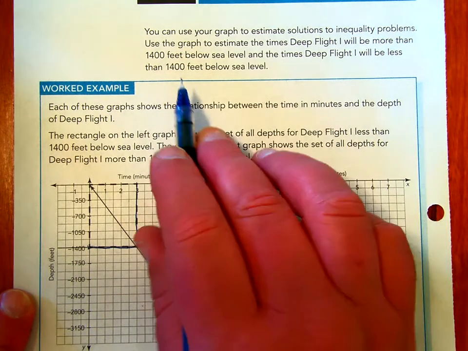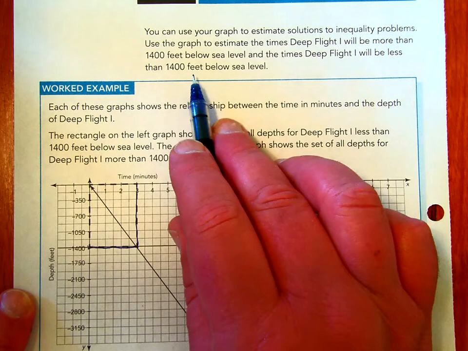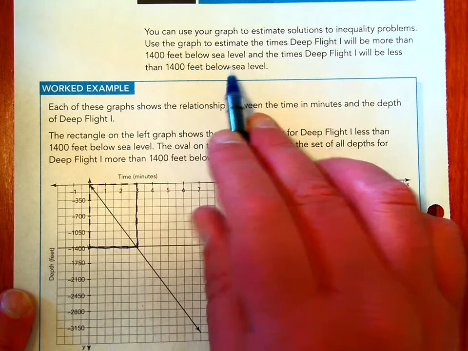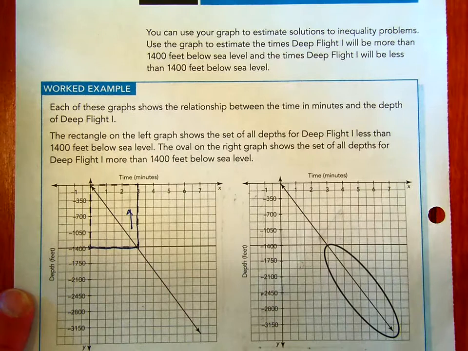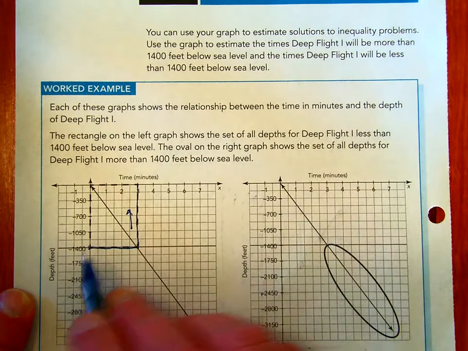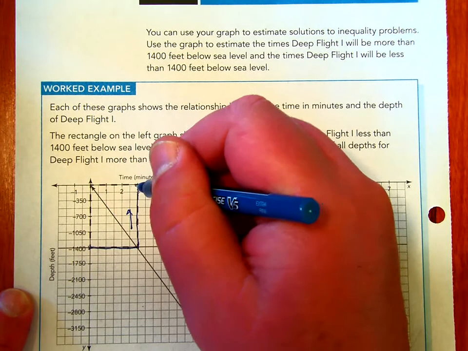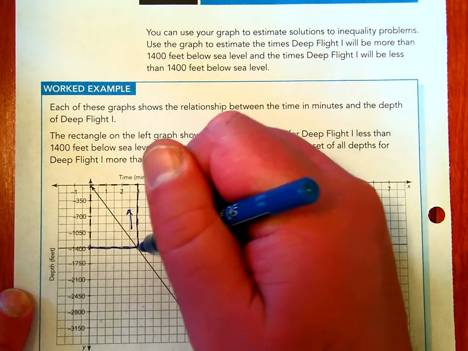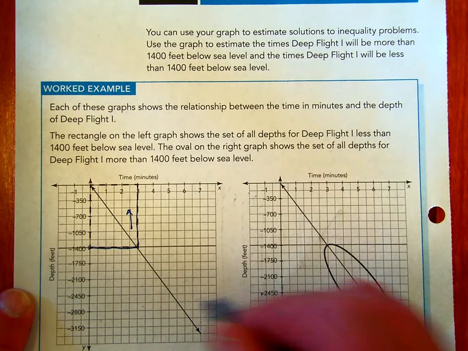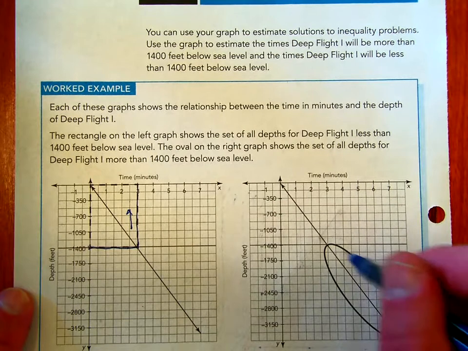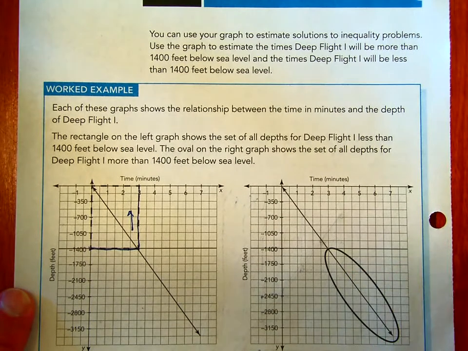Just keep that in mind when you're dealing with greater than or less than, because sometimes this causes some confusion. So, the times where Deep Flight 1 is greater than 1,400 feet, well, in 0 to 3 minutes, approximately 3 minutes, it's greater than that depth. And after 3 minutes, over here, it's deeper.